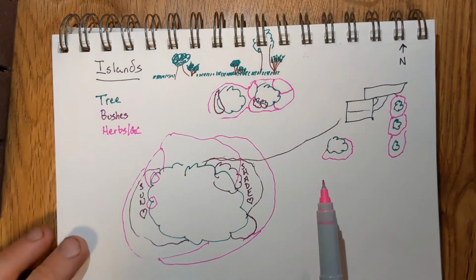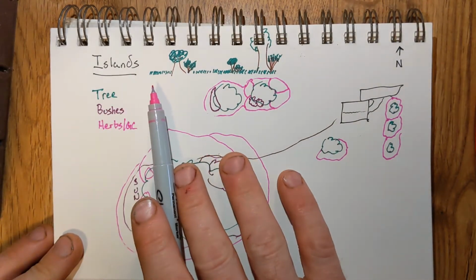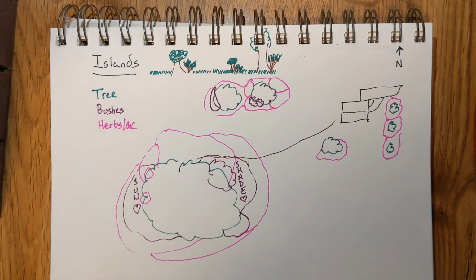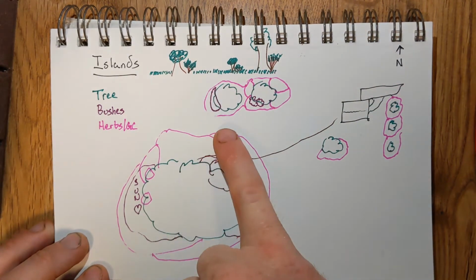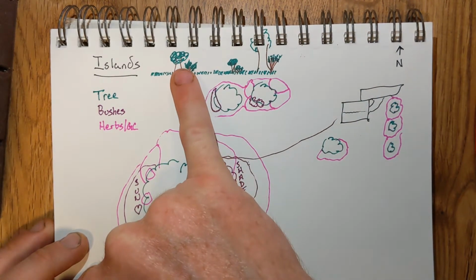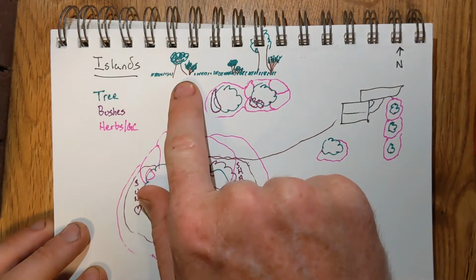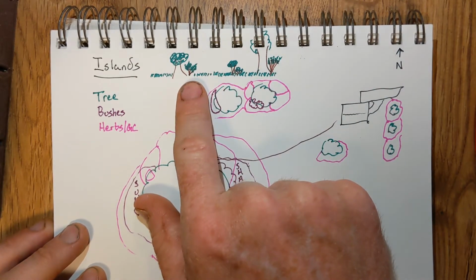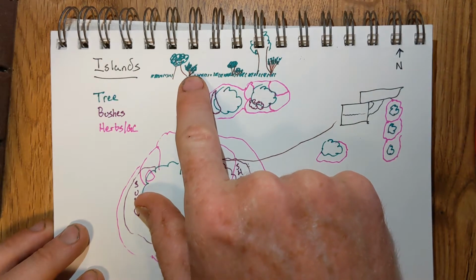So these are how we think about islands in the context of a food forest, and the expansion of them comes from the behaviors of the tree itself and its propagation strategies, the shrubs and ground covers that we add in and their propagation strategies.